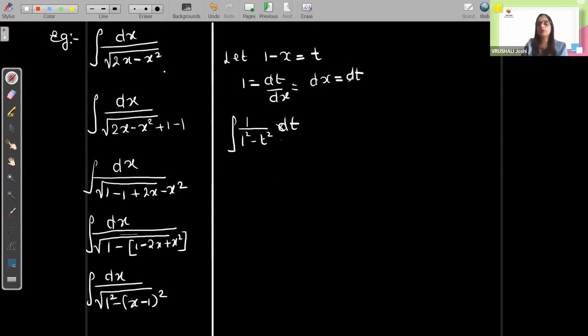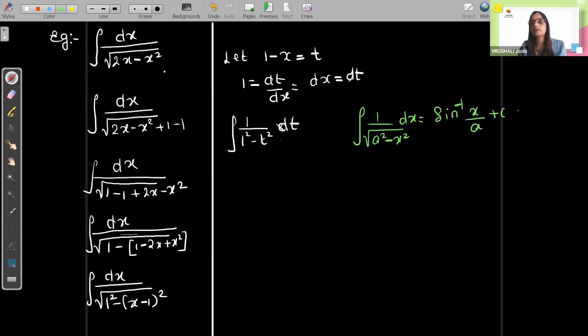Correct? Now what are you going to do? dt. So 1 by root of a square minus x square. What is the formula for a square minus x square? Integration of 1 by root of a square minus x square dx is equal to sine inverse of x by a plus c.